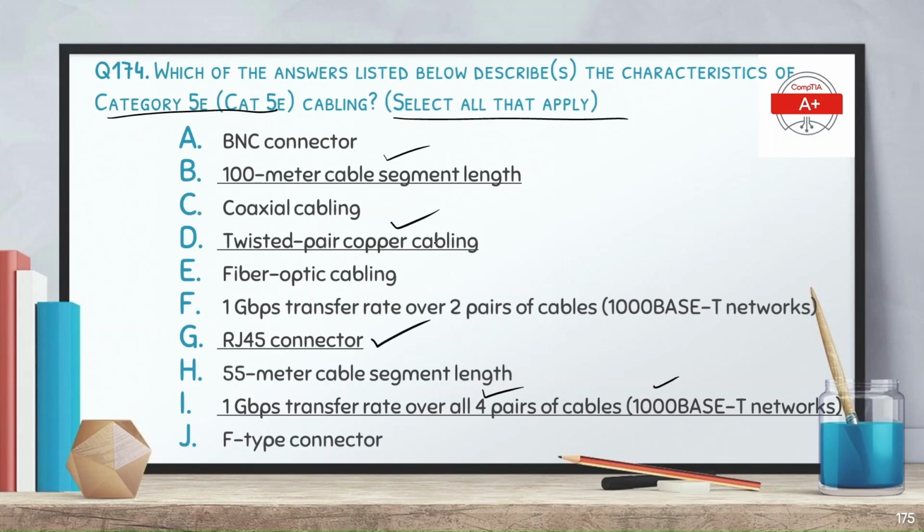So if we use 2 pairs of cabling, then its data rate is 100 Mbps. And if we use all the 4 pairs of cables, then the data rate is the maximum, that is 1 Gbps.